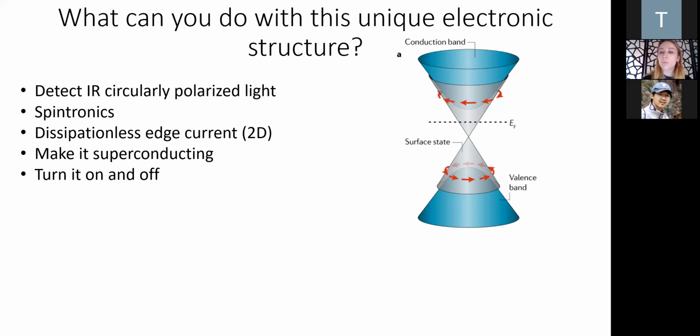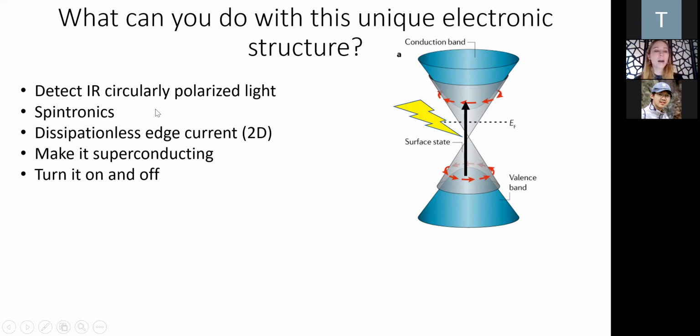With light, you can promote an electron from the lower part of this surface band to the upper part of the surface band. However, when you do that, it needs to flip its spin. And generally, light will not cause a spin to flip unless it's circularly polarized light. So these materials can be used as detectors that are especially tuned to circularly polarized light.